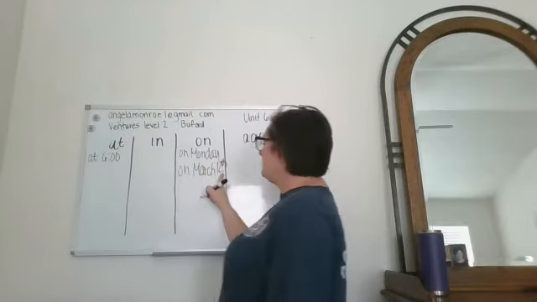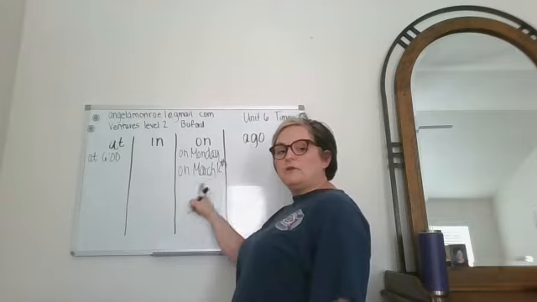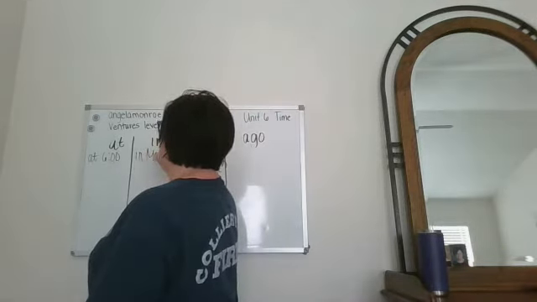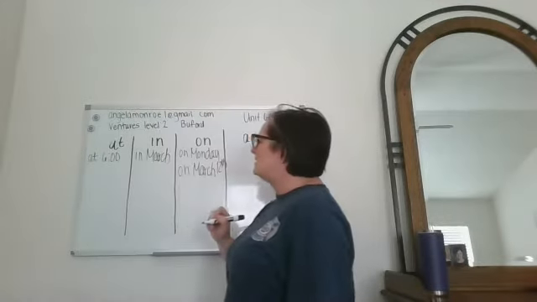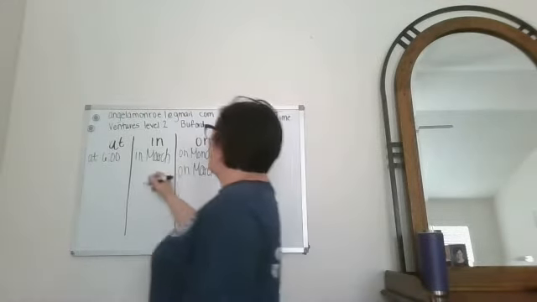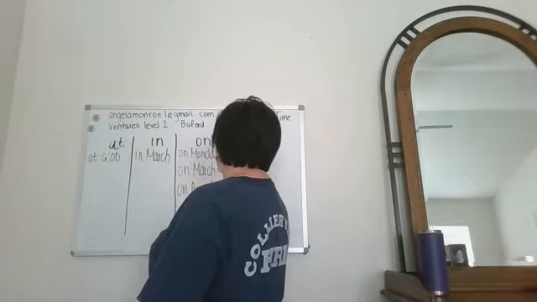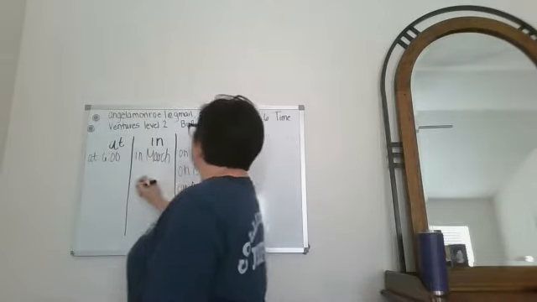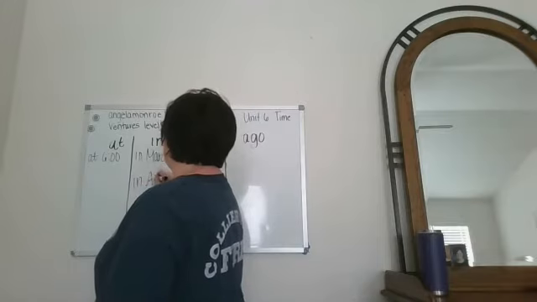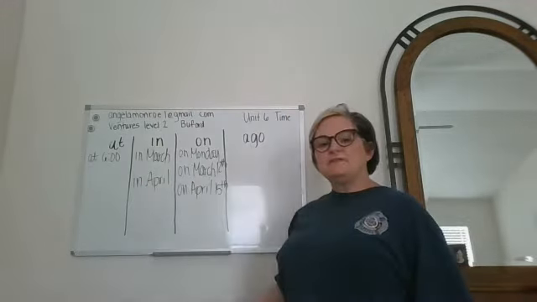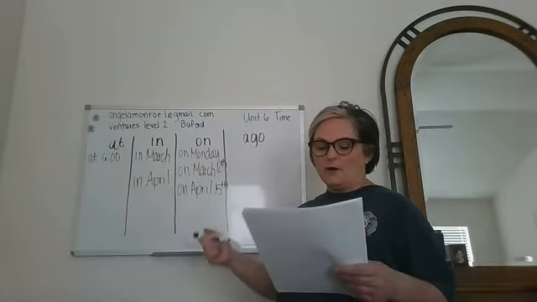But if we don't know the 12th and we don't know a specific day, it would just be in March. Like my birthday is on April 15th, but my birthday is also in April, right? Because here we're telling the specific day, and that's why we use the word on.